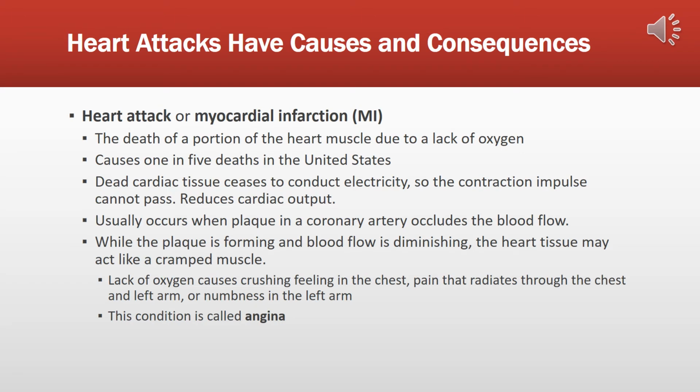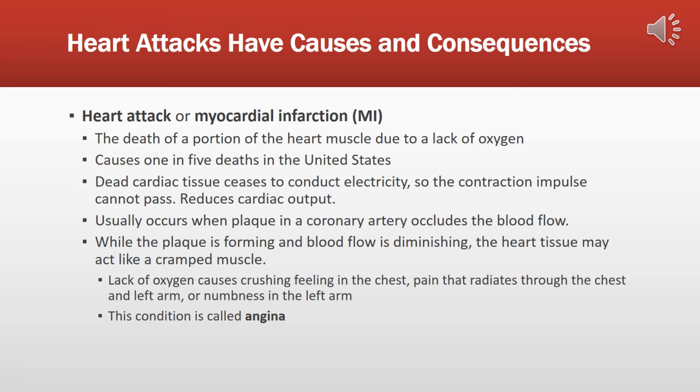Here's more about heart attacks, or myocardial infarctions, MIs. And like I said before, a heart attack leads to the death of a portion of the heart muscle tissue due to a lack of oxygen caused by diminished blood flow to that tissue.